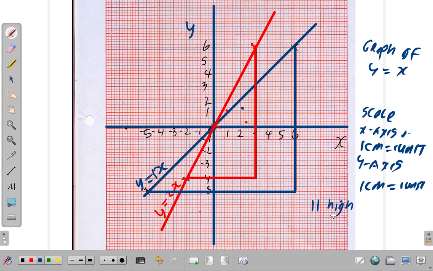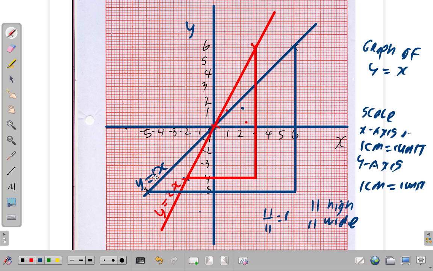How wide is it? Start here. 1, 2, 3, 4, 5, 6, 7, 8, 9, 10, 11. It is 11 wide. If we divide the height by the width, we get 11 divided by 11, which is 1. And you notice there's a 1x here.